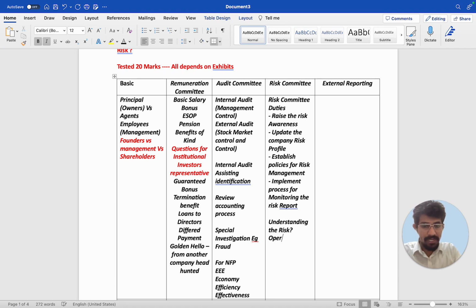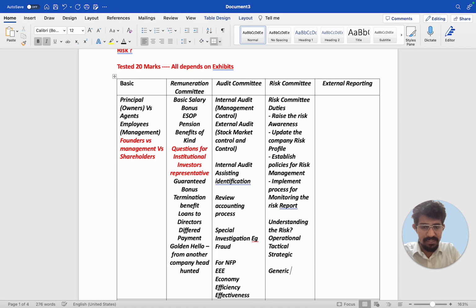One is operational risk, another is tactical risk. Understand the terms clearly. Operational risk, tactical risk, or the other one, students? Strategic risk. Understand the three elements properly. That is very, very important.